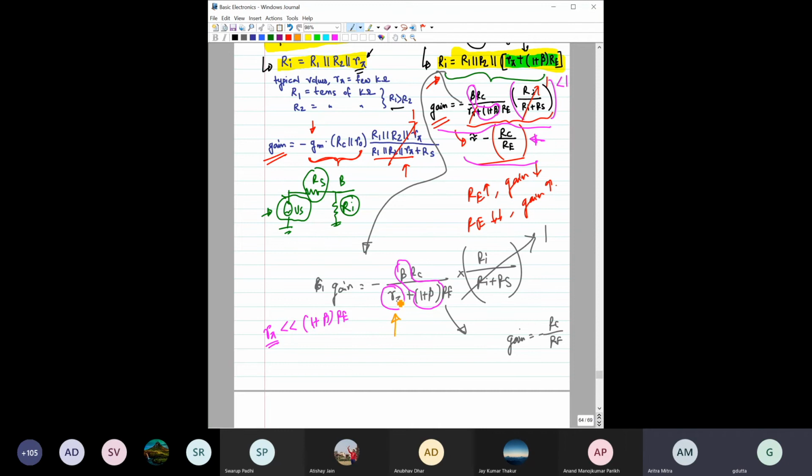So for this example, probably you can do that because you can estimate R pi beforehand because the IC value is given. But suppose in some design the IC value was not given, but you are given some other type of parameters, then it would be tricky to start with this R pi. Then you would have to start with this approximation only, isn't it?